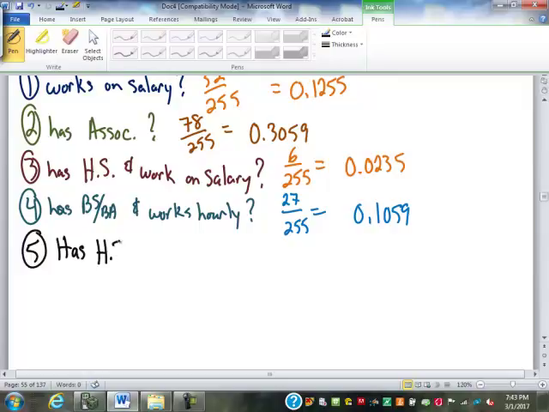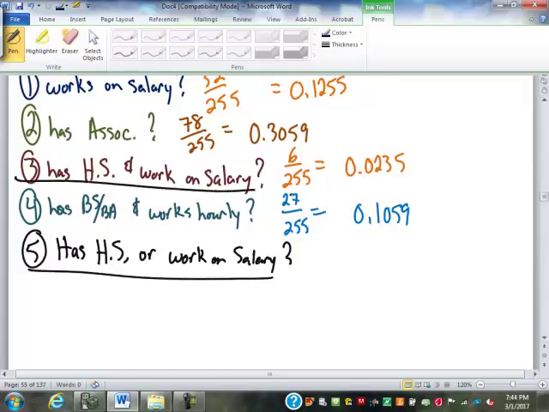What is the probability a randomly selected employee has a high school education or works on salary? What's the difference between this one and the third one up here? Yeah, one is an and up here. This was and, had to have both. This is or. It can be either one.